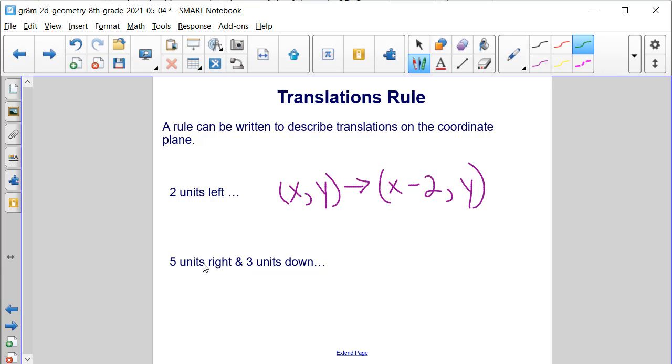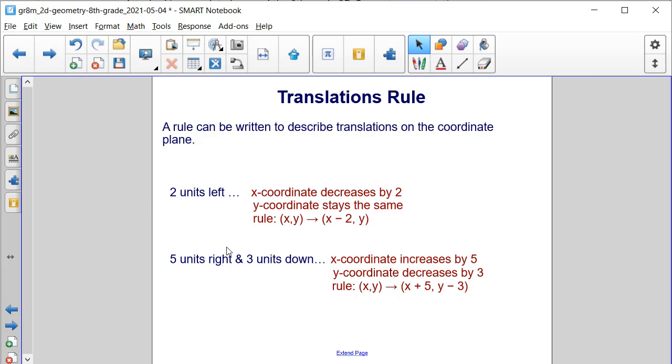And then if we look at this one, if we're moving 5 units to the right, we're starting with xy in this scenario. And if I'm moving 5 units to the right, we're adding 5 to the original x-coordinate to get the new one. And if we're moving 3 units down, we're taking the original y-coordinate and we're subtracting 3 from it so that it does move down in the negative direction.